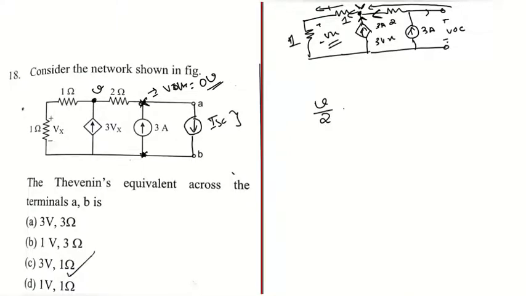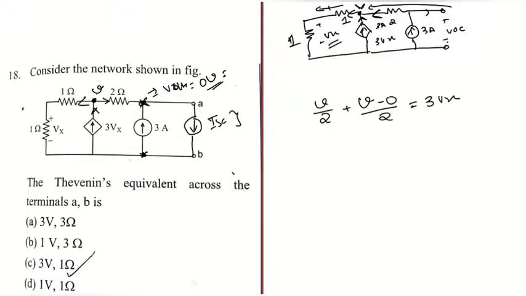Then the next one is V minus 0 divided by 2 equal to 3 Vx. This is the current coming to the junction. Current is flowing away from the junction, and this is V minus 0 divided by 2. How did we get our 0 volt here?